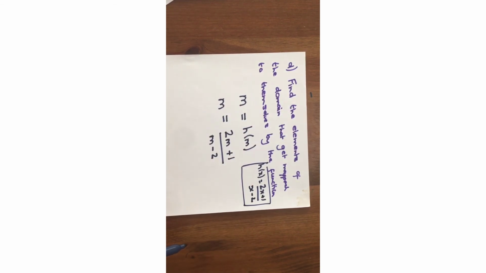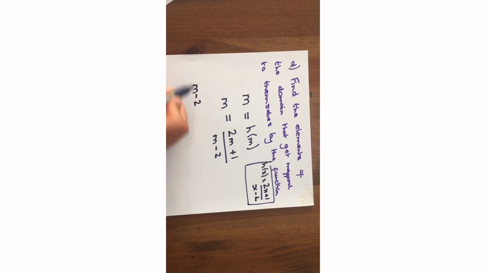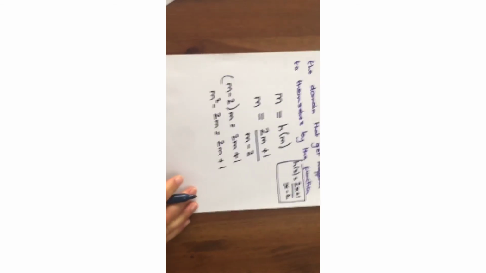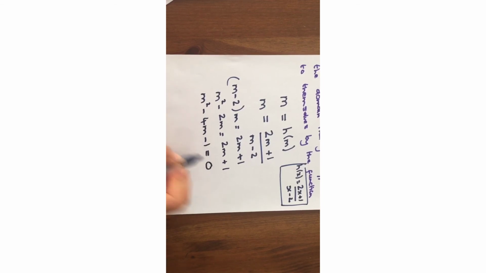So we're going to solve for m now. Let's take everything, m minus 2, to one side. Let's multiply out. Now we can see we've got a quadratic. There's my quadratic.